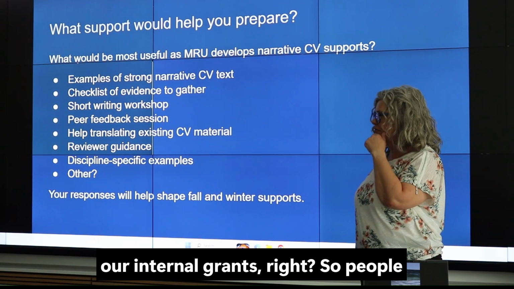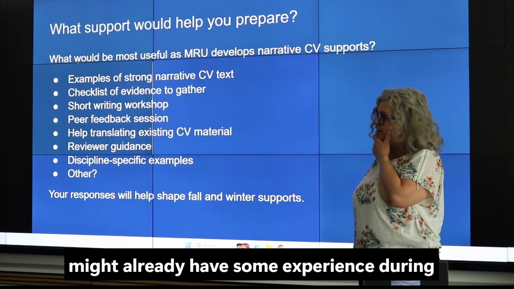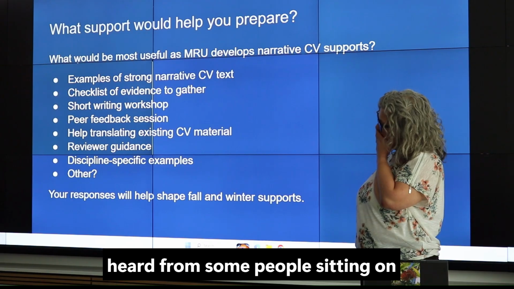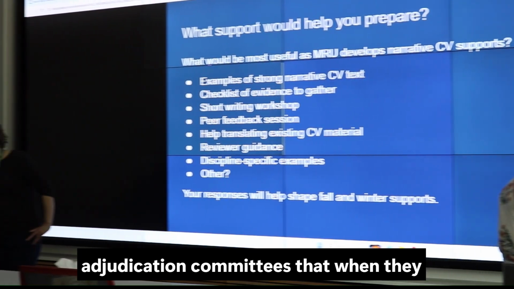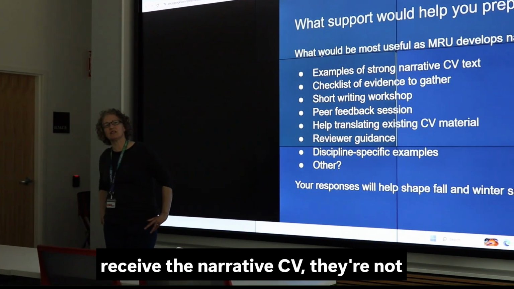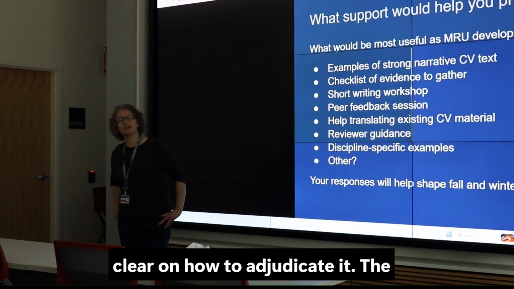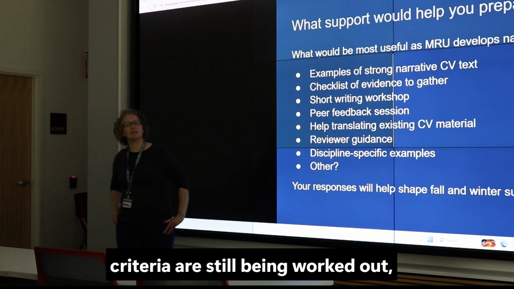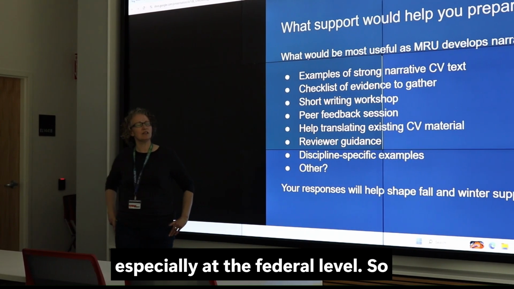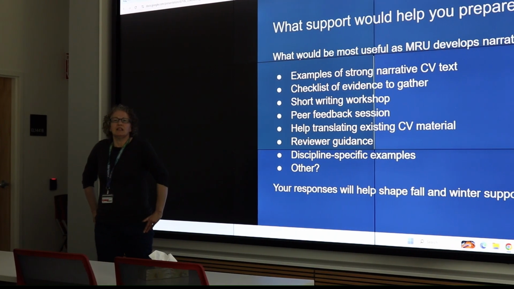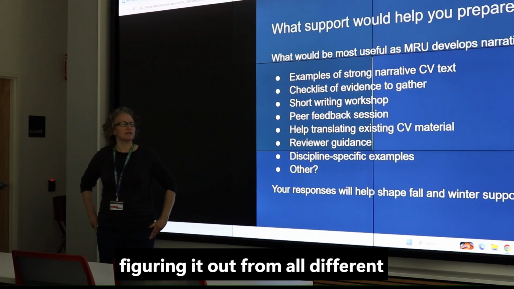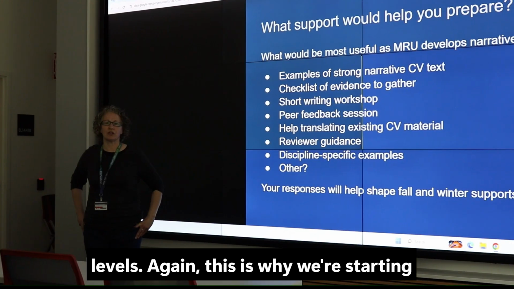So people might already have some experience doing that, but I have heard from some people sitting on adjudication committees that when they receive the narrative CV, they're not clear on how to adjudicate it. The criteria are still being worked out, especially at the federal level. So, I mean, it's a culture shift all around. We're figuring it out from all different levels. Again, this is why we're starting early.